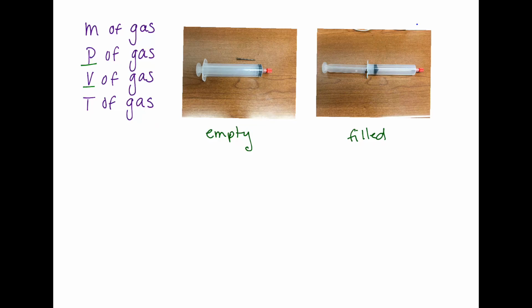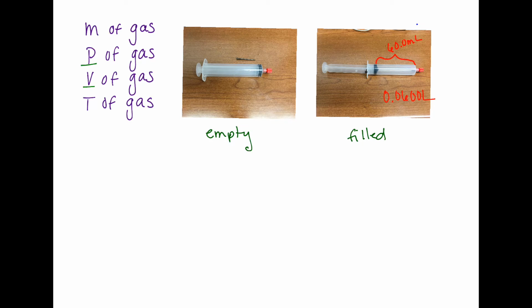And why that nail is there is that it fixes the volume. It fixes this volume at 60 milliliters, which is 0.0600 liters.